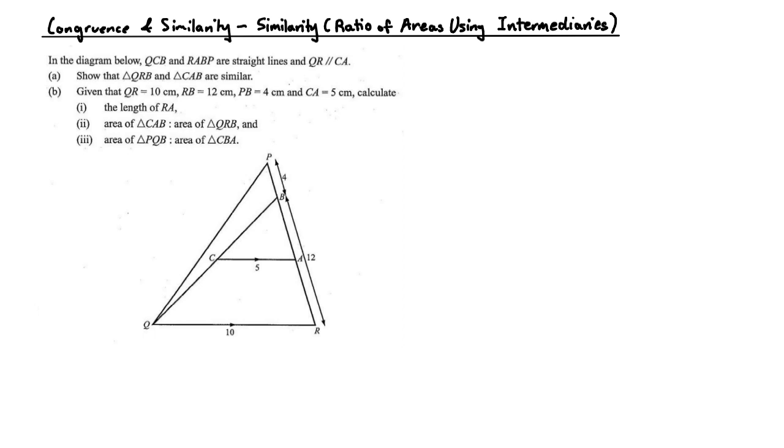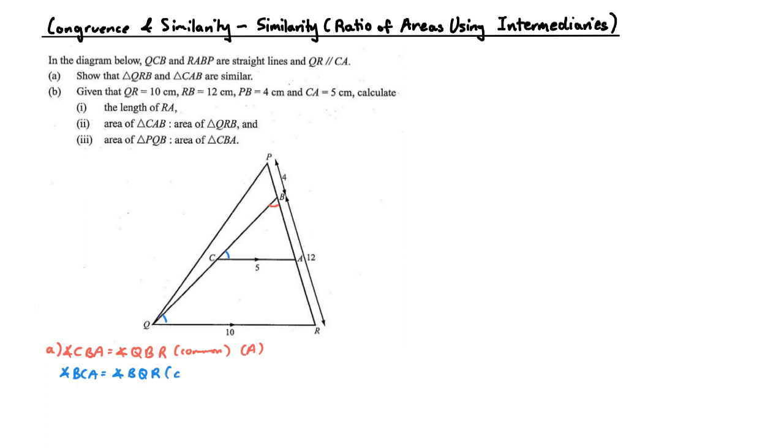So first we say that this is a common angle. So angle CBA equals angle QBR. Common. And this is the first A. And because they are parallel lines, the blue ones are equal. Angle BCA equals angle BQR.